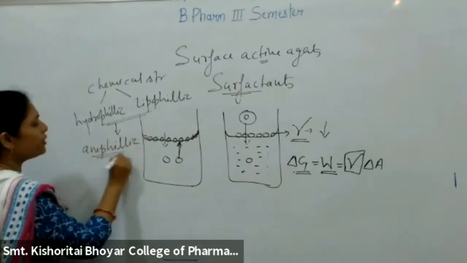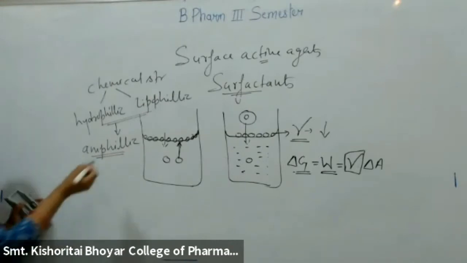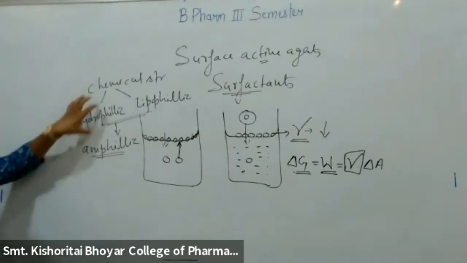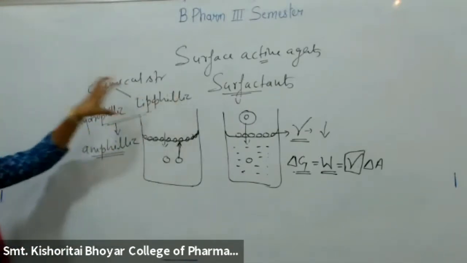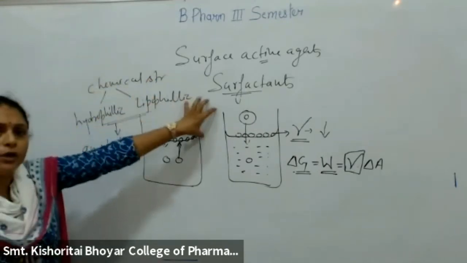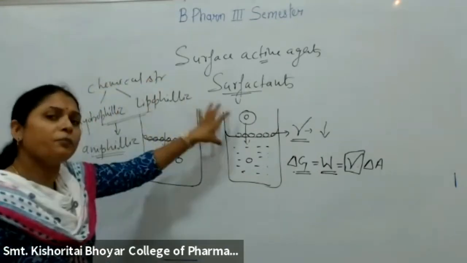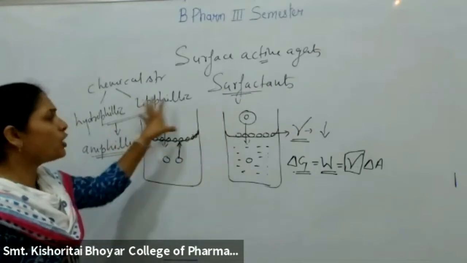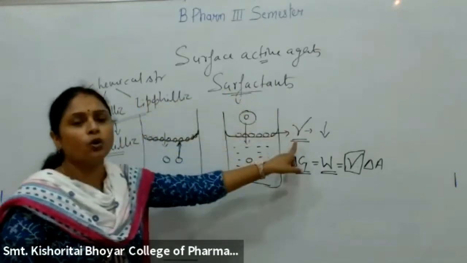These are amphiphilic in nature. And because of this property only, because of having these groups in their structure, the hydrophilic group is there, the lipophilic group is there, hydrophilic nature is there and lipophilic nature is there, because of these two they are able to get adsorbed onto the surface.